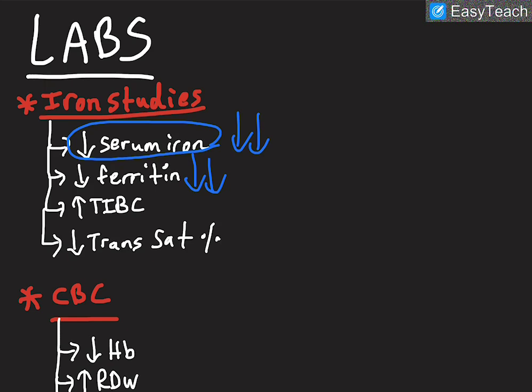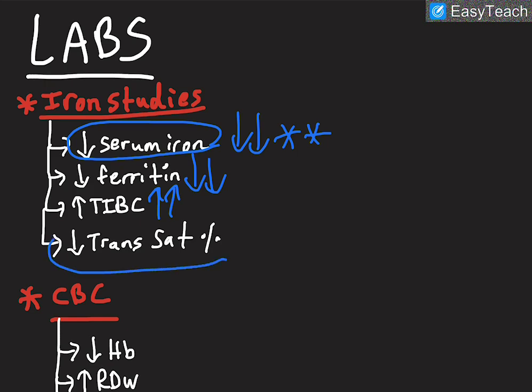Now, we said if you don't have much iron stored in your tissues, you would expect transferrin levels to increase in the hopes of bringing iron to your tissues. So that's why it makes sense to see elevated TIBC, elevated transferrin levels. And if you don't have enough iron in your serum, then you don't have enough iron to bind to transferrin.